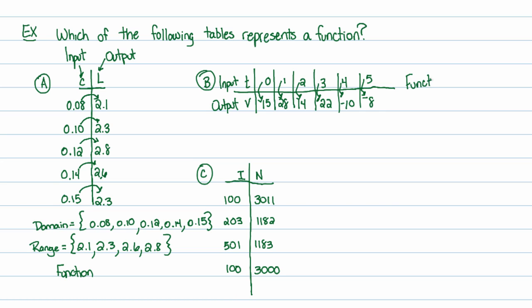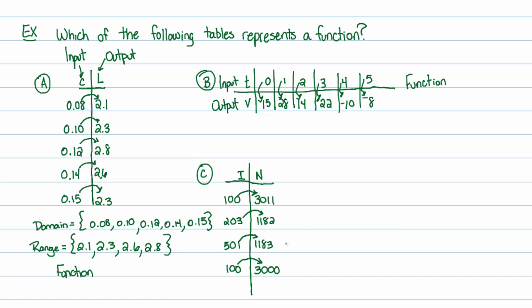By process of elimination, you probably have already figured that C is not a function. But let's see why C is not a function. I see the number 100 leads to 3011. The number 203 leads to 1182. The input of 501 leads to 1183. And then the input of 100 leads to 3000.